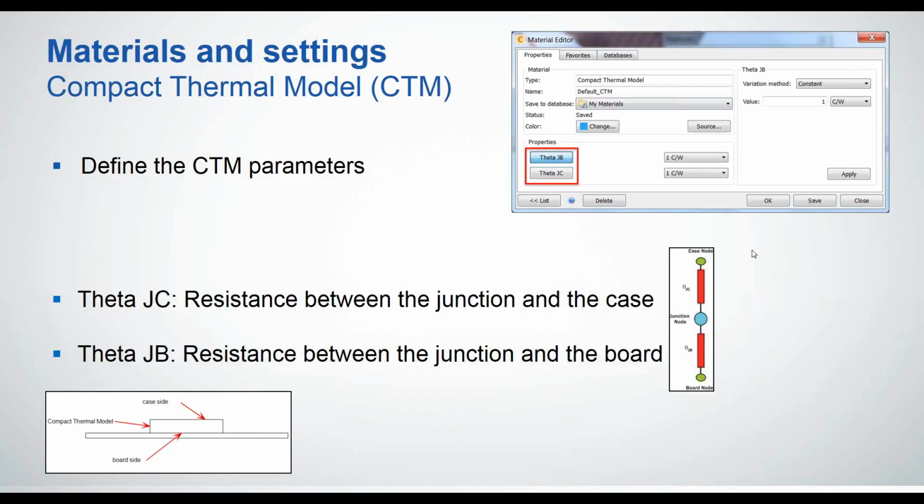Probably you're going to ask yourself, at which time should I model my chip as a CTM, and at which time should I just model it as a solid? I would say this depends on your end goal simulation. If you are interested, especially in this model, in seeing the temperature gradient on this component, I would say use the CTM.